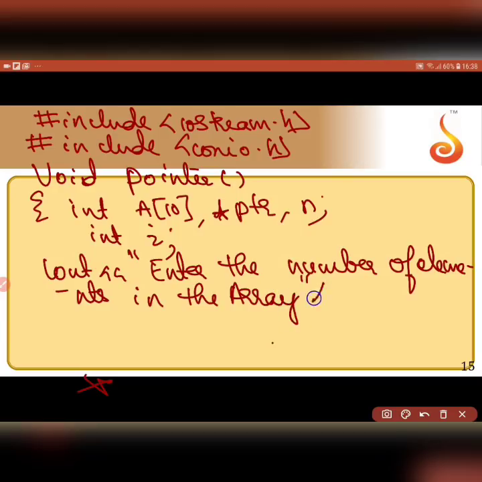So I'm asking the user to enter the number of elements, and I'm saying cin >> n. So n is the number of elements in the array.